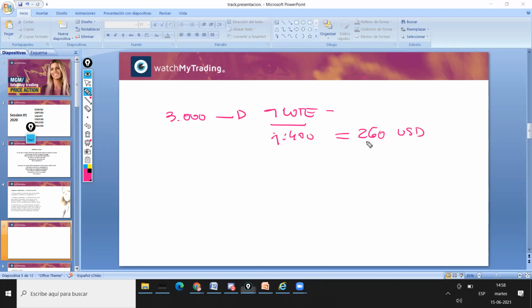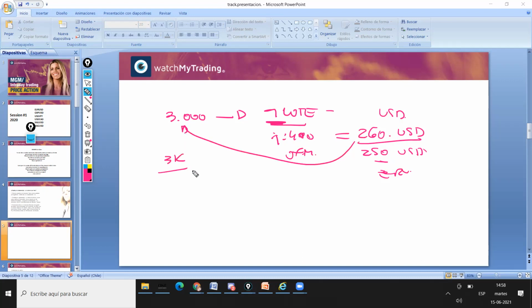It's between 260 and 250, because if the base is on the dollar or on the euro, it's going to change a little bit. So one standard lot on 1 to 400 with One Financial Markets is 260, 250. So basically you're using that much from the 3K, which is a lot.